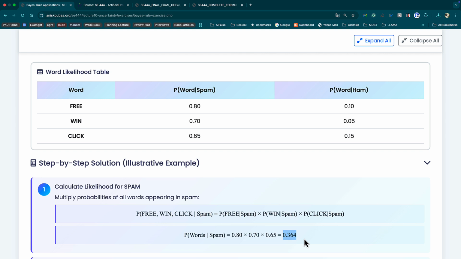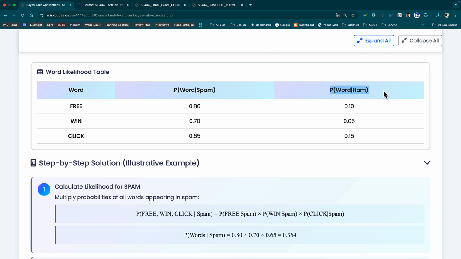What is the second unknown? The probability of the evidence. And we have all these three words together. So how can we get it? The probability of the words, how do we calculate it? Now we have the probability of words given spam and the probability of words given not spam.